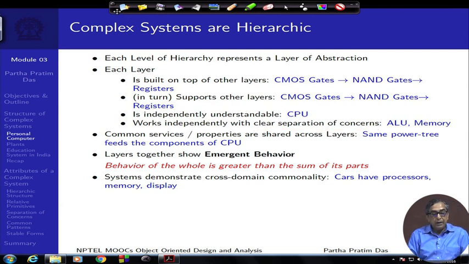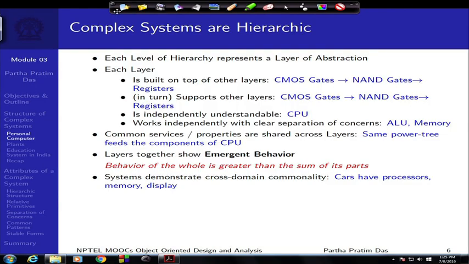Further, we can make some more observations: in addition to this hierarchy and this independence of components and subsystems, there are some common services and properties that are shared across layers. For example, many of you who have a little background in electrical sciences would know that a CPU needs power: the memory needs power, the bus needs power, the ALU needs power, the registers need power, and each component does not separately get a power.